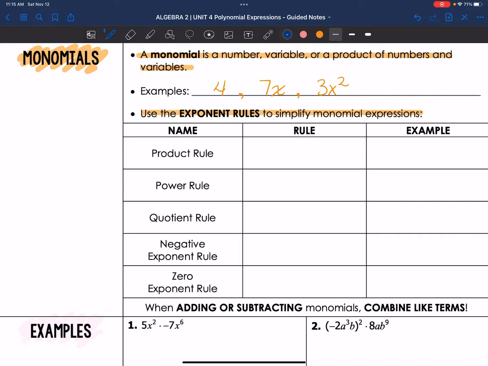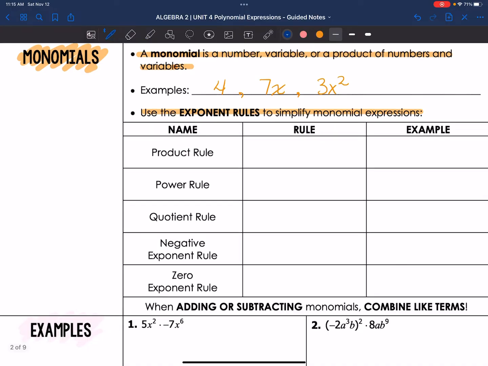The first rule is called the product rule. It says that if you have the same base, so like a base of a times a, but they're raised to different powers, then what we end up doing is just adding the powers together.